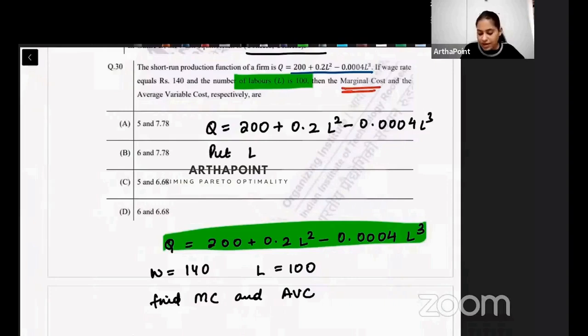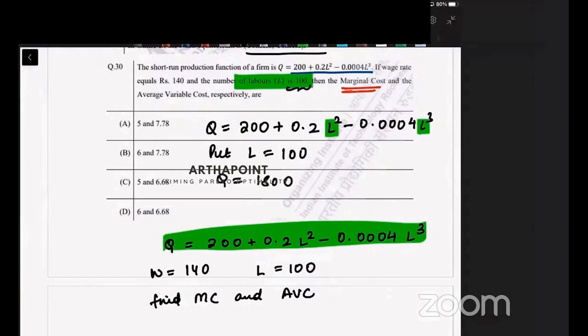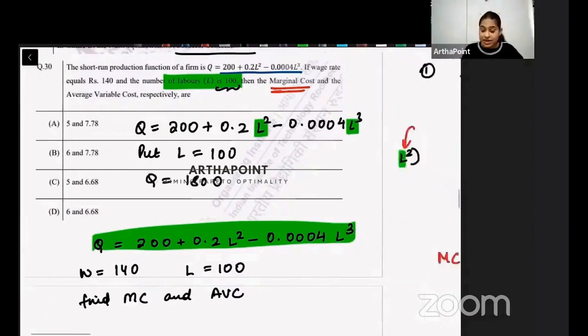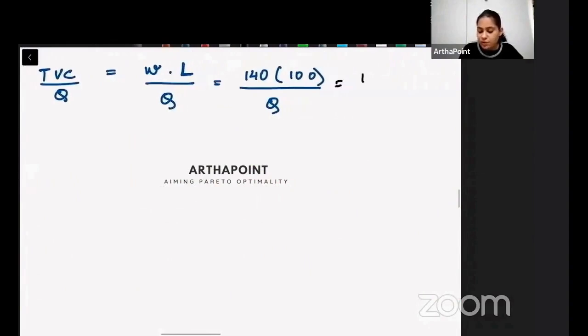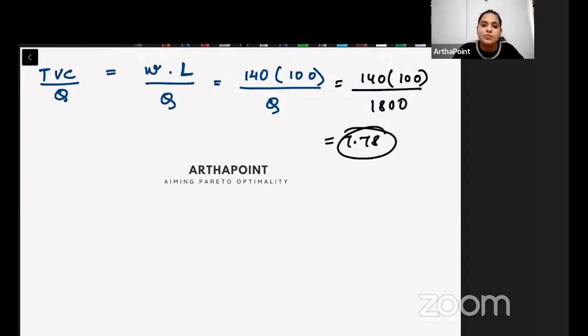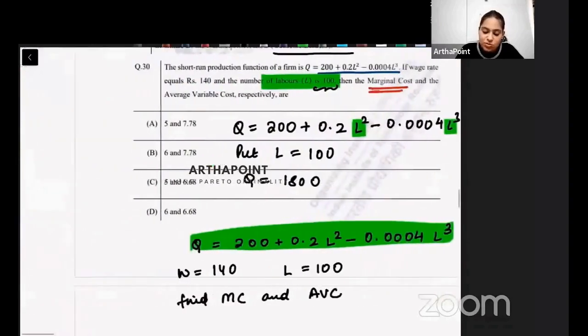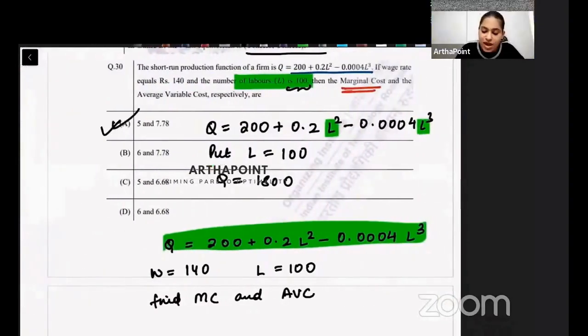Put L equal to 100. You will get the value of Q as 1800. Just put and check. Okay. So after you get this Q as 1800, I'm going to say that this is 140 into 100 by 1800. And this is going to give me 7.7. So the answer to this question is 5 and 7.7.